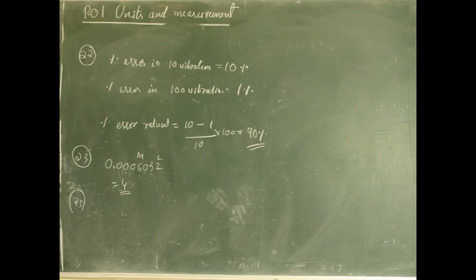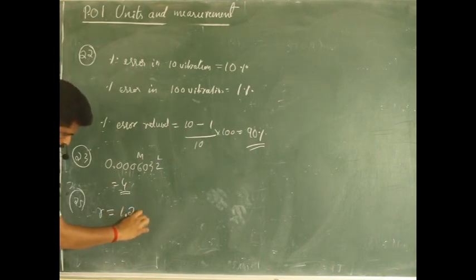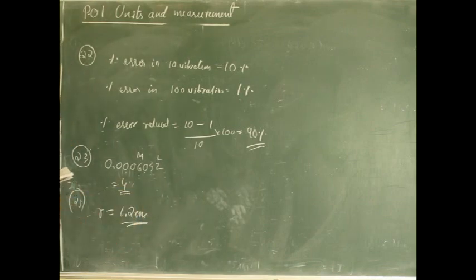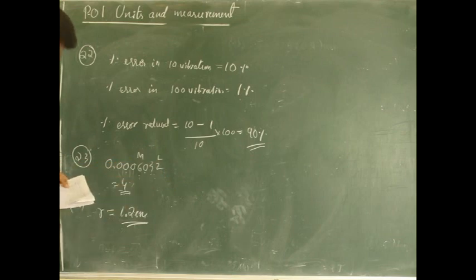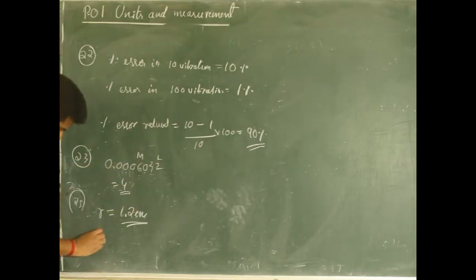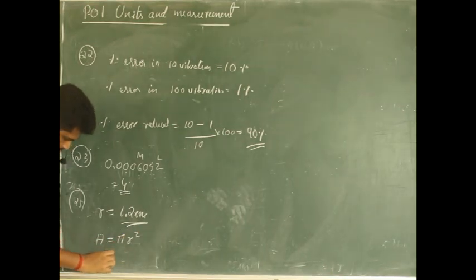Next question, 25th question. The radius of a disc is 1.2 centimeter. Okay, it is given radius of a disc 1.2 centimeter. Fine. Next, its area according to the idea of significant figures. Area of a disc, what is that? A is equal to pi r square.